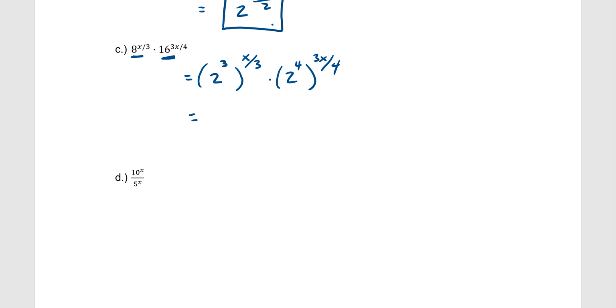And now these are both powers to powers, so we multiply. 3 times x over 3, the 3's cancel and we're left with 2 to the x. For the second one, the 4's cancel, 4 times 3x over 4, and we're left with 2 to the 3x. And now we have common bases being multiplied. Add the exponents. X plus 3x is 4x.